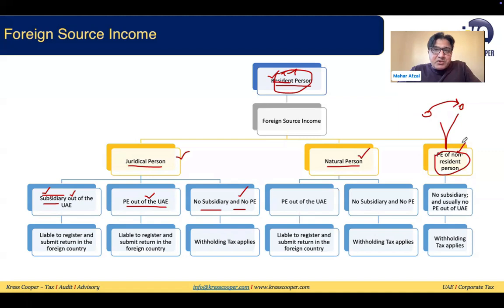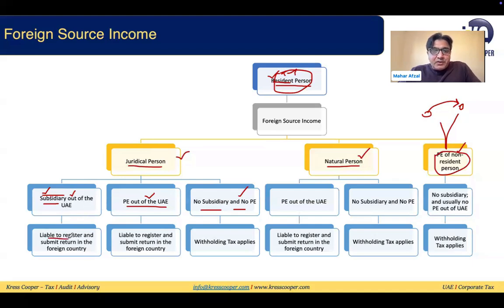Most of the time, the PE of the non-resident person is generating foreign source income attributable to the PE, without any company out of the UAE, without any PE out of the UAE. Now, if this juridical person has a company out of the UAE, but this company is being controlled and managed from the UAE, or this is the main company in the UAE and a subsidiary out of the UAE, then this is a company out of the UAE.